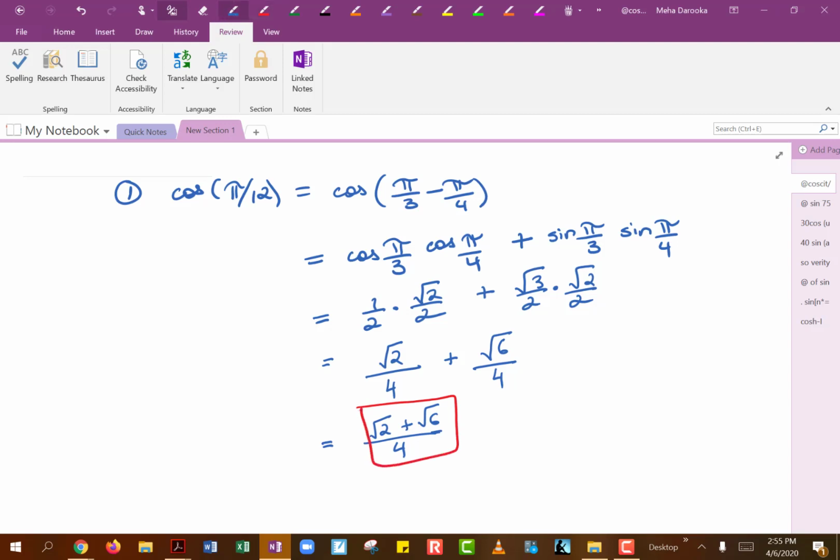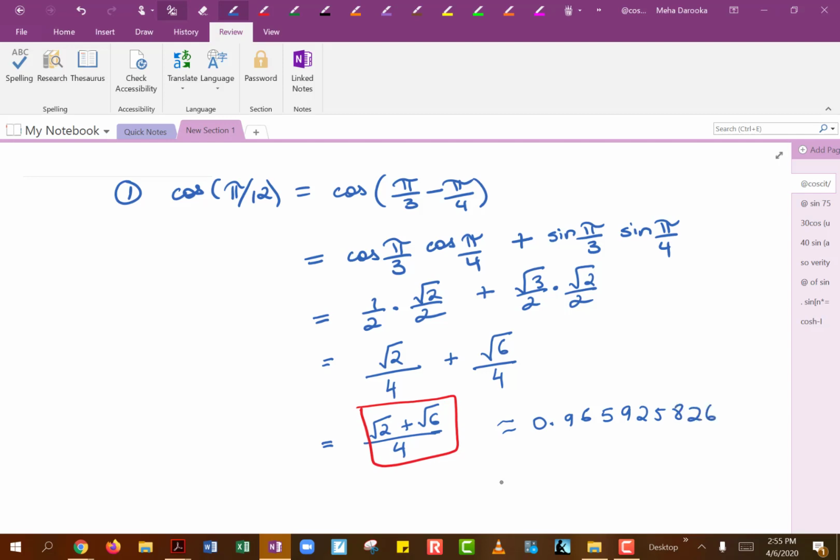Now if you just wanted to know what the decimal approximation is for square root of 2 plus square root of 6, and then that whole thing divided by 4, it comes up to be approximately 0.965925826.